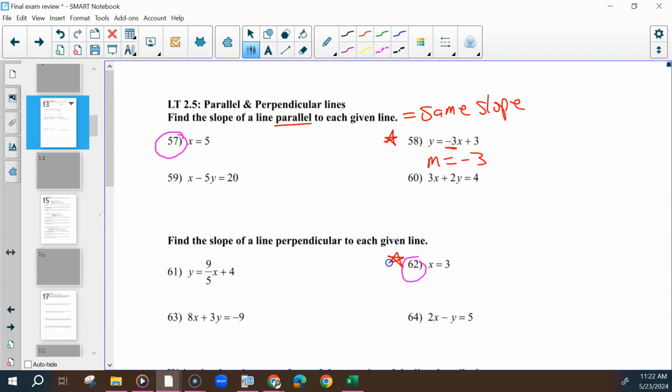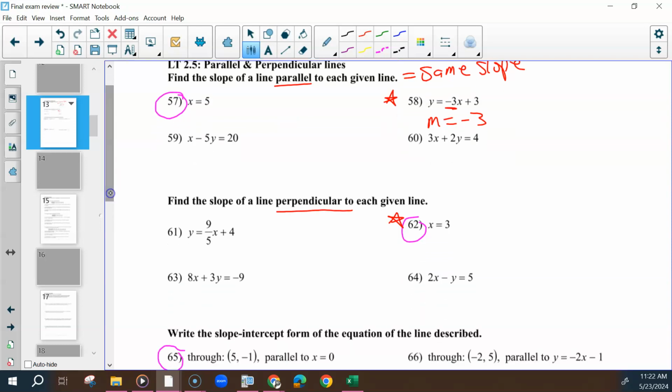In the second section, you're again looking for the slope, but now that's perpendicular. Perpendicular slopes have negative reciprocals. So you take that number, you flip it. If it was positive, you make it negative, vice versa.